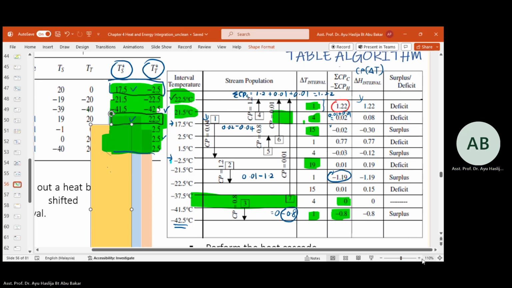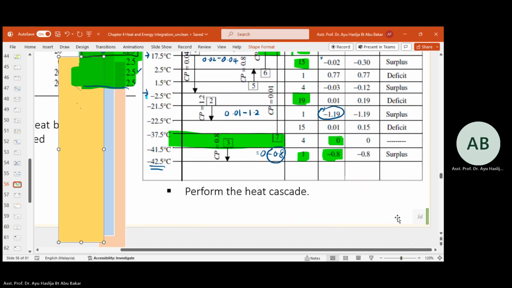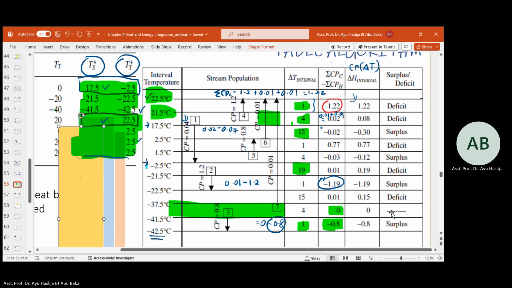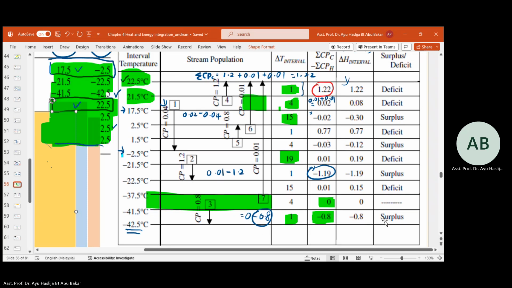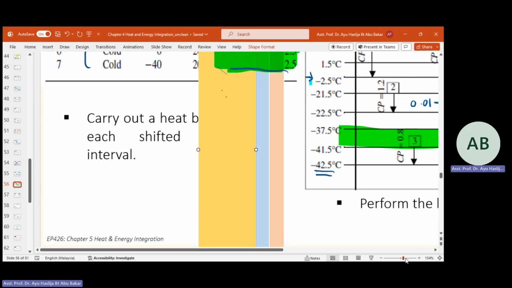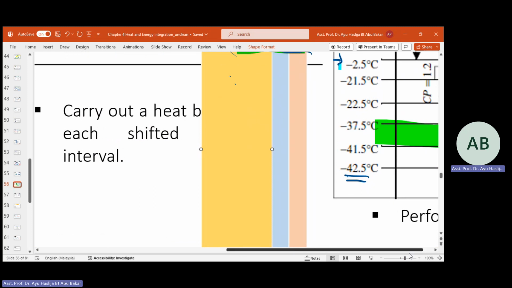After we obtain all the values over here, then only you can proceed with the heat cascade. Get the delta H correct, because we need to proceed to the heat cascade. Wait, I'll make it bigger.